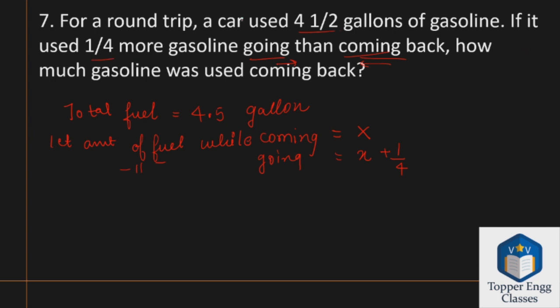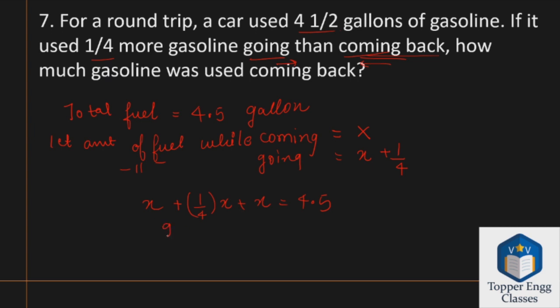If it used 1 by 4 more gasoline going than coming back, and the amount is x for coming back, then going is x plus 1 by 4. I hope that is clear. So our equation will become x plus 1 by 4 plus x equals 4.5.